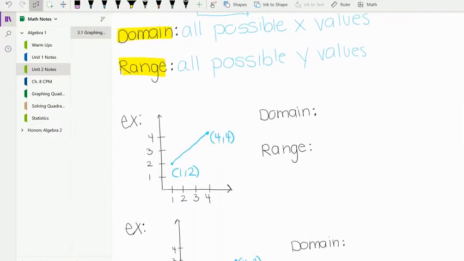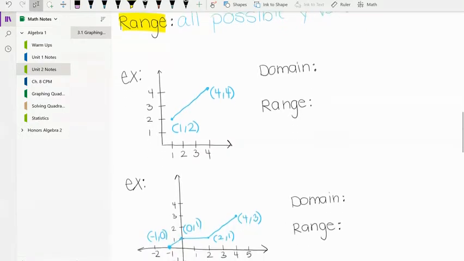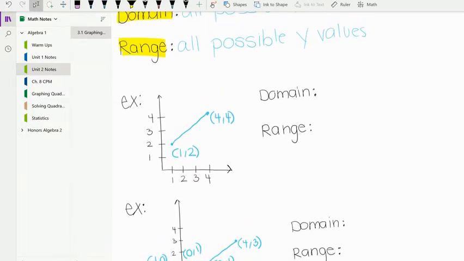We are going to go ahead and practice coming up with the domain and range. For this problem, remember, domain is all possible x values. Looking at the x values, when we go from left to right, the smallest x value is 1, and the largest x value is 4.